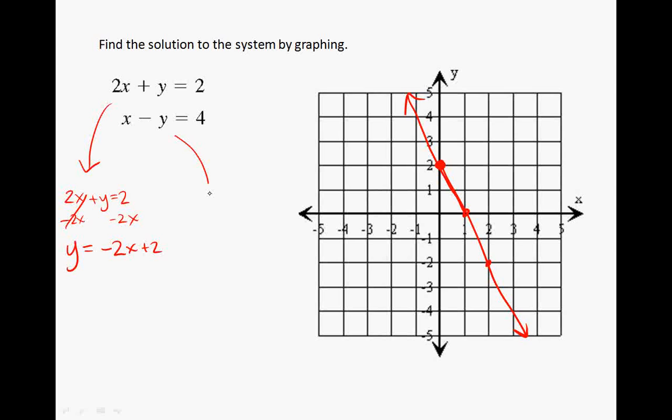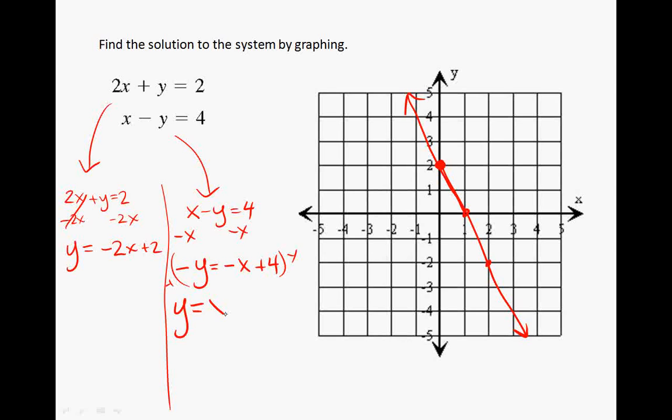Okay, the other one, I'm going to put it into slope-intercept form also. So I'll start by subtracting x from both sides, which would mean that negative y equals negative x plus 4. And then I'm going to multiply both sides by negative 1. So positive y equals positive x minus 4.